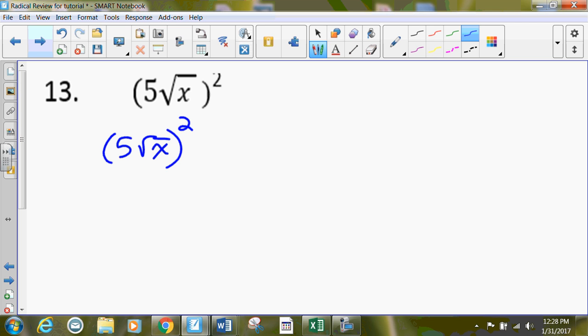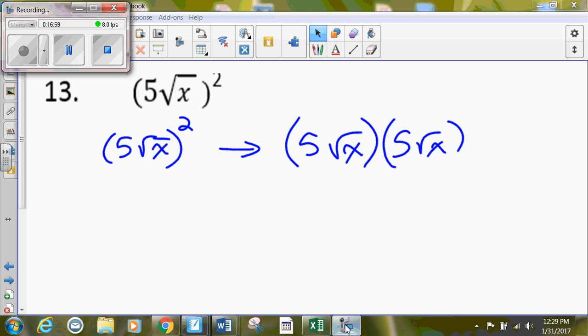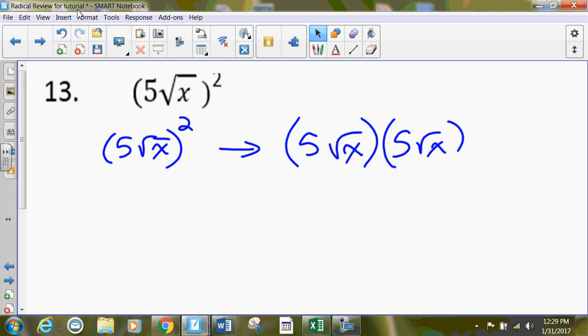And I'm going to do this 2 different ways. One way is more the conceptual way that says if I have anything squared, it is saying that you take what you have and you multiply it again by itself. And then no distributing.